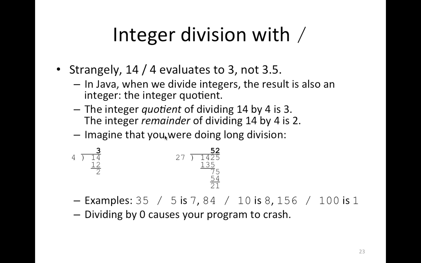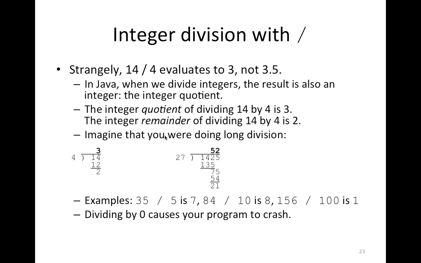Instead, if you divide 14 by 4.0, then it returns 3.5. That's the difference. I think it's the same in any programming language, but I'm just giving you some examples where I felt I needed to mention it.